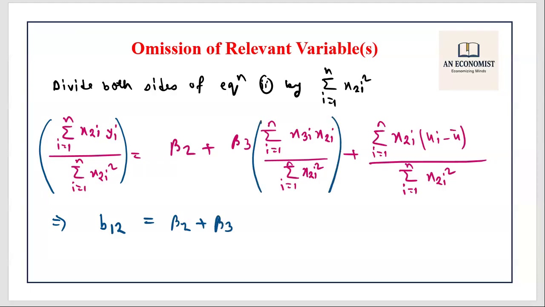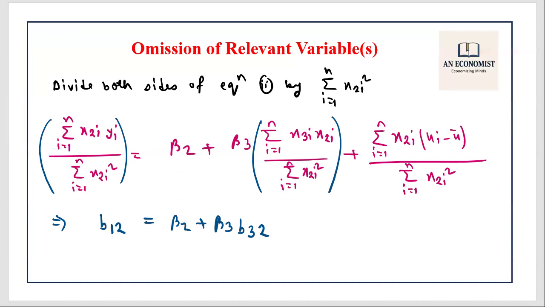Now what is this thing? If you remember, this is the partial regression coefficient of 3 and 2, right? I have made a separate video on partial correlation, partial regression coefficient, multiple regression coefficient, all these things. Again, I'll give the link in the description. Please check the concepts out if you don't know already.